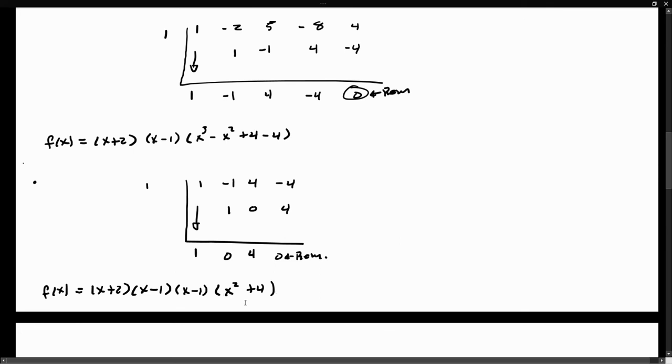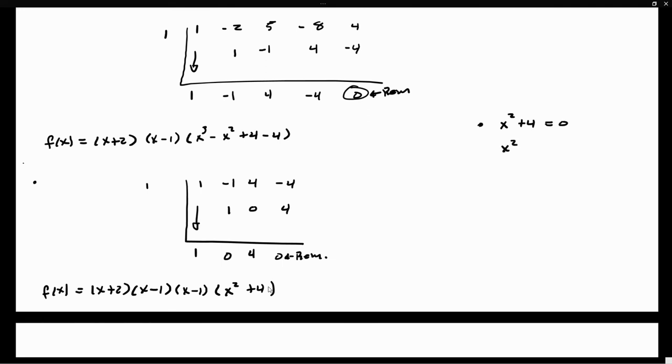Now, we can perhaps try to guess them, but let's just make our life easier, because this problem is already long enough. So let's find just the solutions for this expression, x squared plus 4. If we find the solutions, we get x squared equals negative 4. And if we take the square root, x equals plus or minus the square root of negative 4, which is just plus or minus 2i.